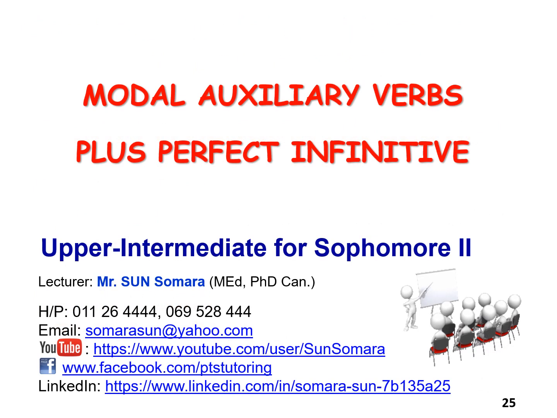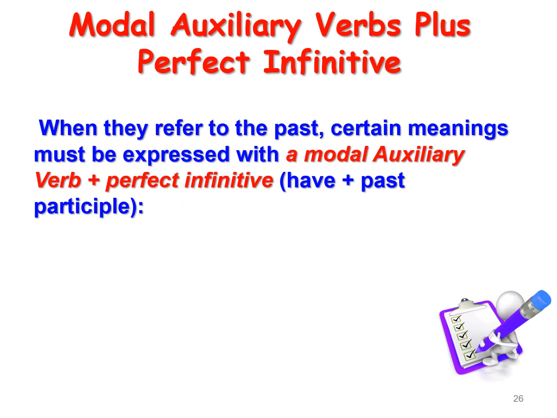Next, let's move to the last part of this lesson about modal auxiliary verbs, which we call modal auxiliary verbs plus perfect infinitive. When they refer to the past, certain meanings must be expressed with a modal auxiliary verb plus perfect infinitive: have plus past participle.